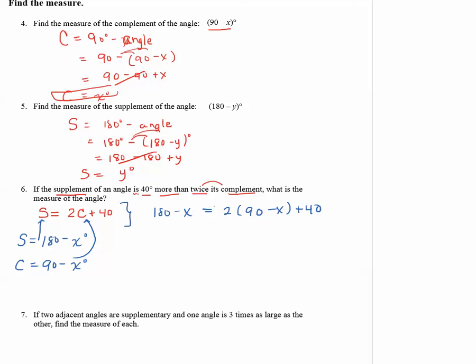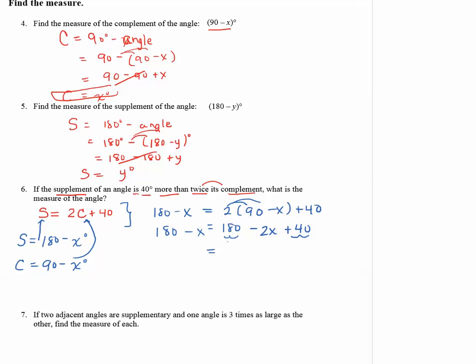Now let's clear parentheses and try to solve for x. I'm going to distribute 2 into the group 90 minus x. 2 times 90 is 180, minus 2 times x is 2x, plus 40. Bring down the left side, 180 minus x. On the right side, search for like terms. You can add 180 and 40.